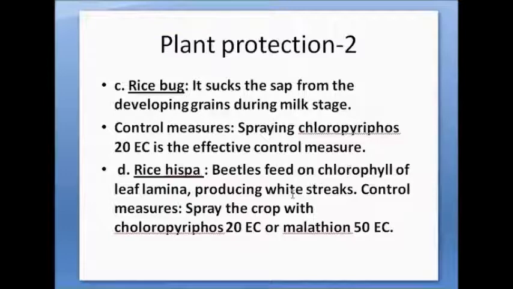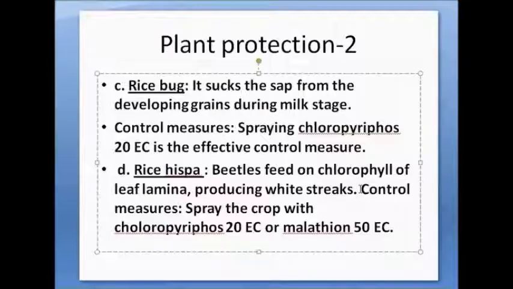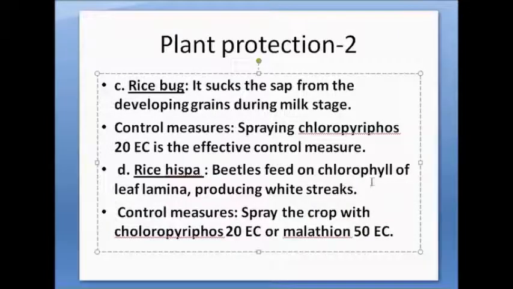Then rice hispa, there are beetles, these small insects, कासवासारखे दिसणारे चप्प्या आकाराचे असतात सगळे beetles. They suck chlorophyll from the leaves and white streaks, पांढऱ्या पट्ट्या तयार होतात because of sucking chlorophyll. Then control measure, we have to spray chlorpyrifos or malathion.